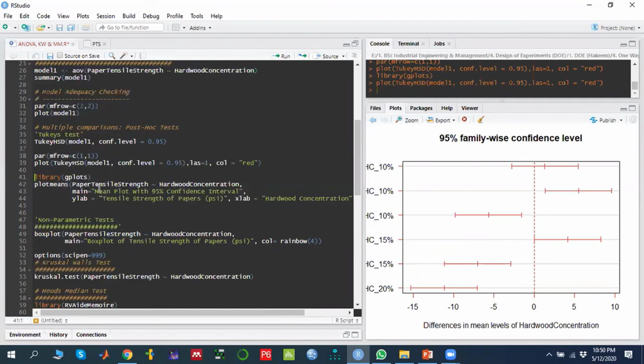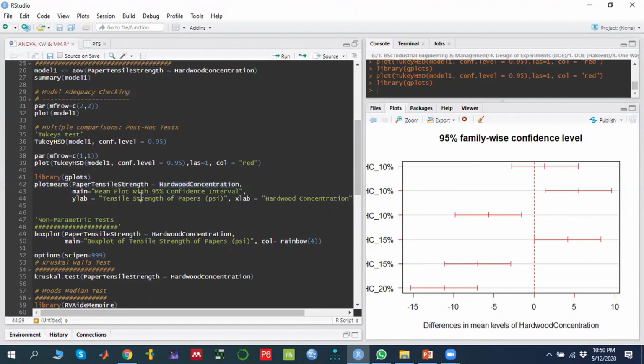In order to do that, I am using a package called gplots. Again, you need to install this package first. If I run this command, and then I am using the function called plotmeans, and then paper tensile strength, that is the dependent variable.